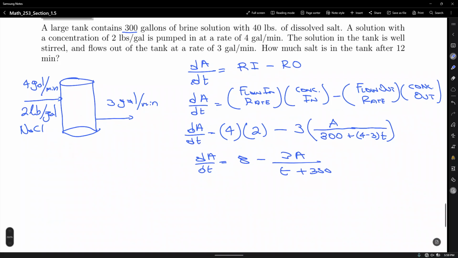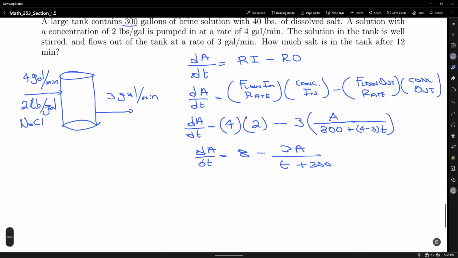So what I'm going to do here is move this big term to the left-hand side. So dA/dt plus 3 over (t plus 300) times A equals 8.